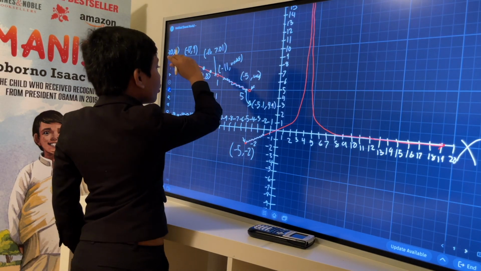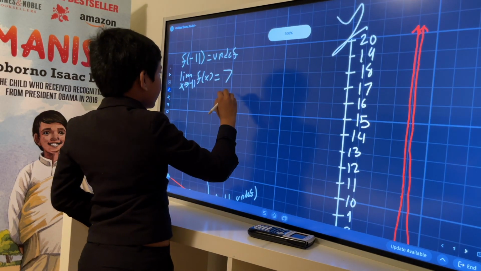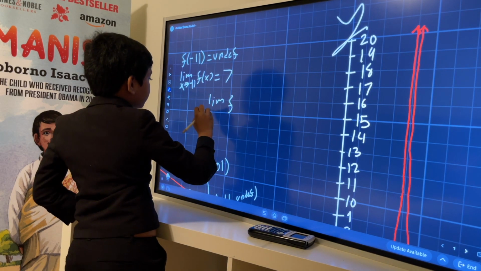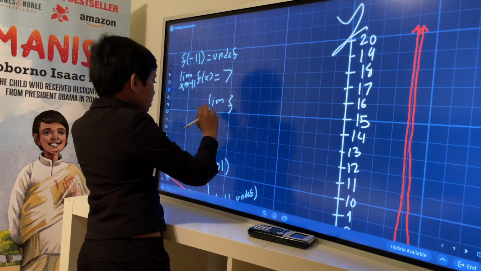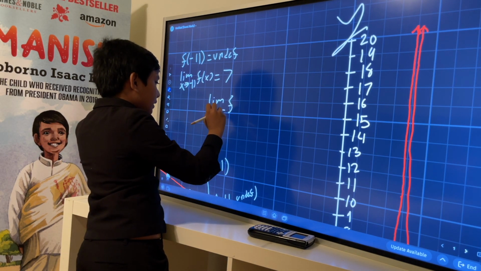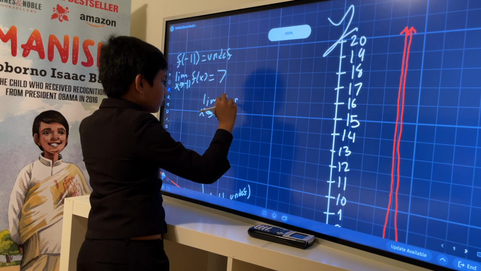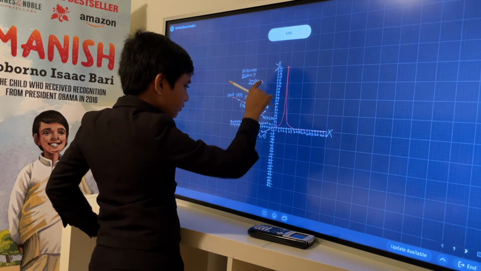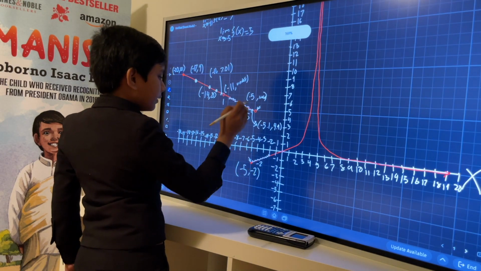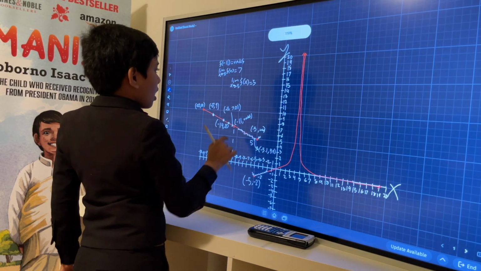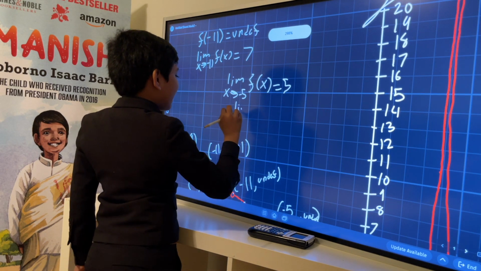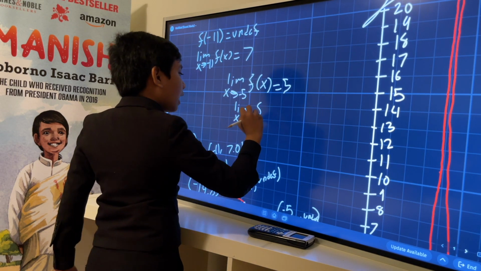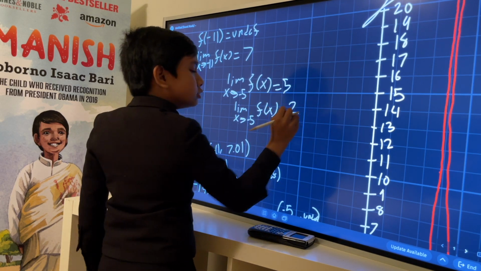The one over here is the limit as x approaches negative 5 of f of x, should be equal to 5, like what we see over here. But when we look in the other direction, we get the conclusion that as x approaches negative 5, f of x should approach negative 2.